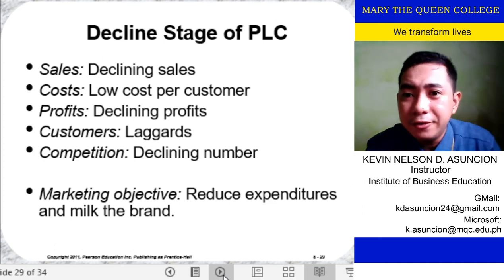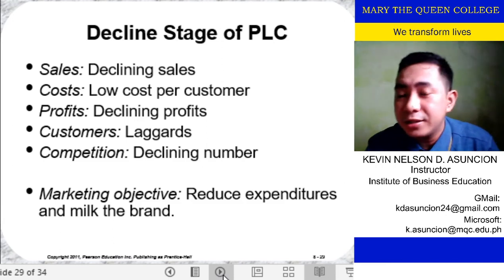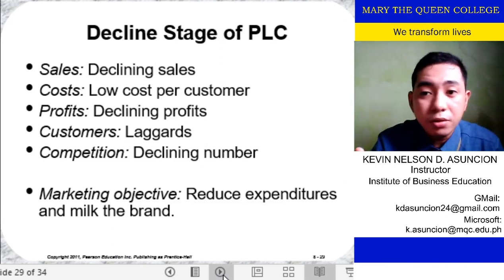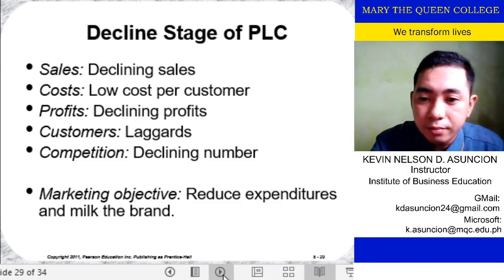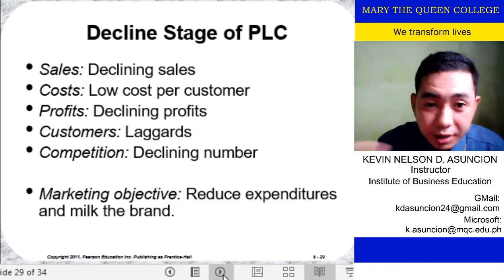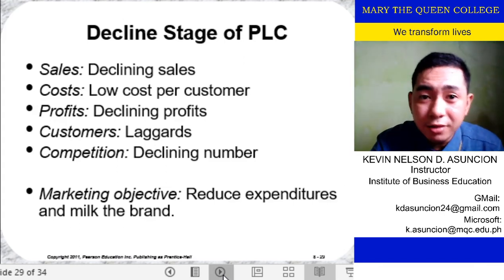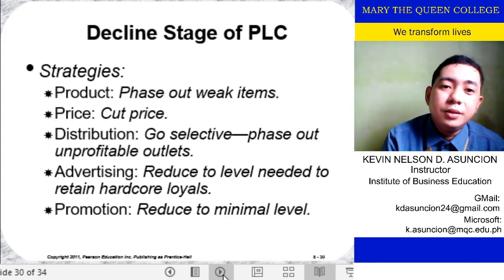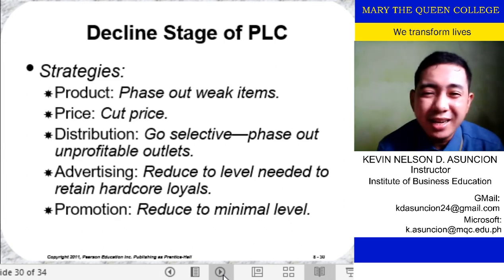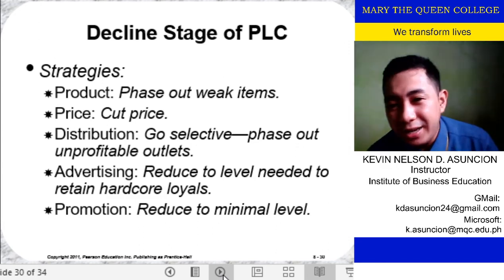Anyway, it's still iPhone, and it's still luxurious to think about you own an iPhone and metal build and the likes. So, nakakuha pa sila ng market doon. You need to think about it. So, in the decline stage, the strategy is to phase out weak items. Yung mga wala talagang benta, tanggalin na.